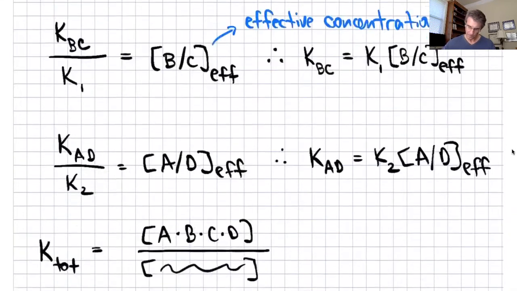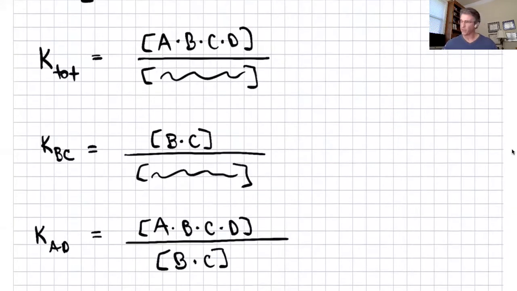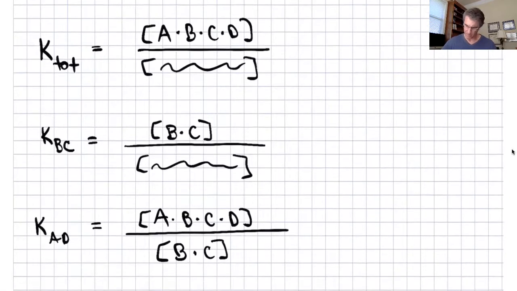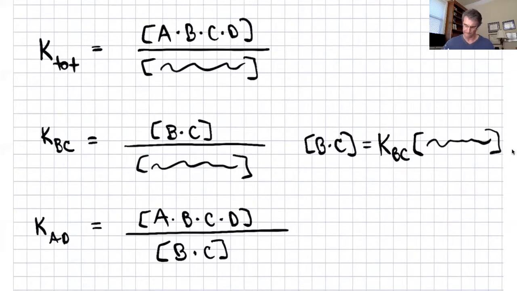Okay. All right. So with those, I can do a little rearranging. It's a useful thing to do when you're thinking about problems like this. So I can solve this one for the concentration of the protein that just has the BC interaction, and that's going to be equal to the KBC equilibrium constant times squiggle, right?